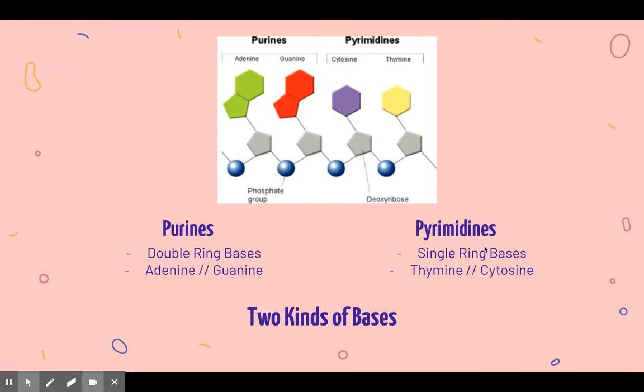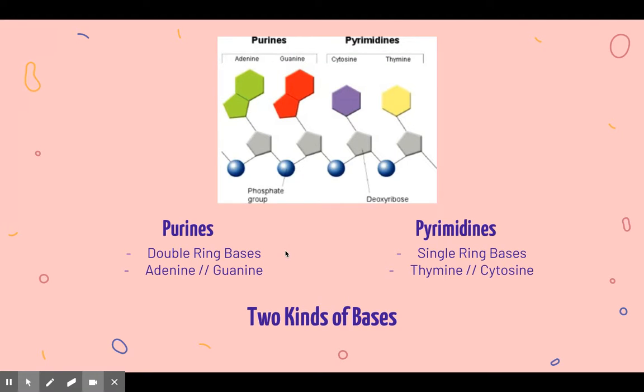Your pyrimidines are single ring bases. Whenever you see a single ring, just a hexagon here, that will be a pyrimidine. Your pyrimidines are going to be thymine and cytosine. It will be important that you remember those. Purines: adenine, guanine. Pyrimidines: thymine and cytosine.